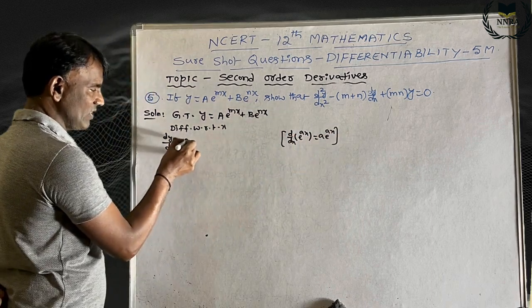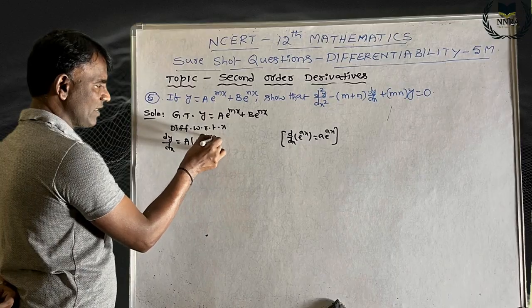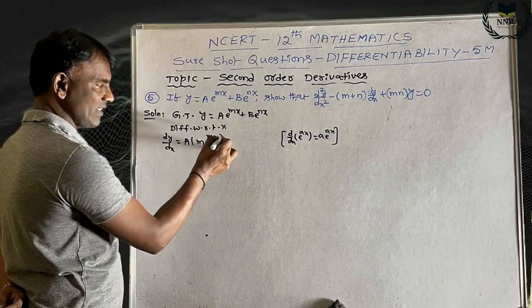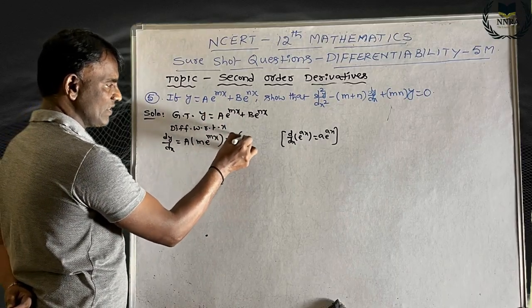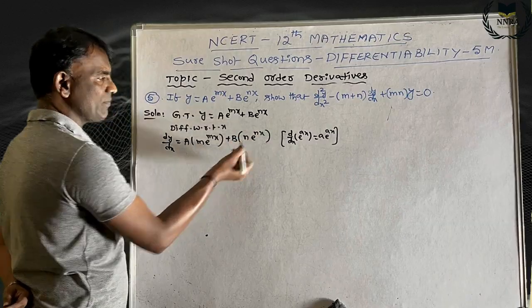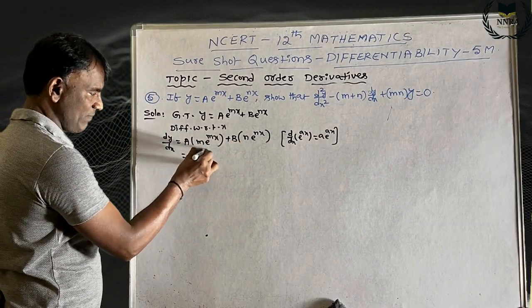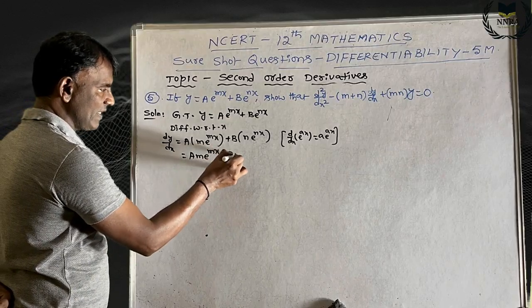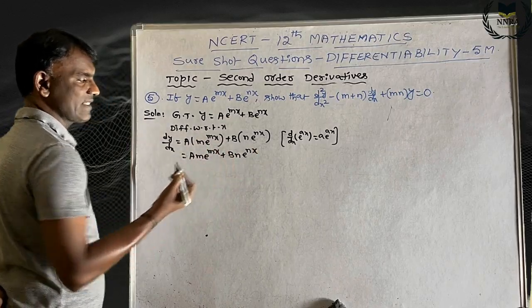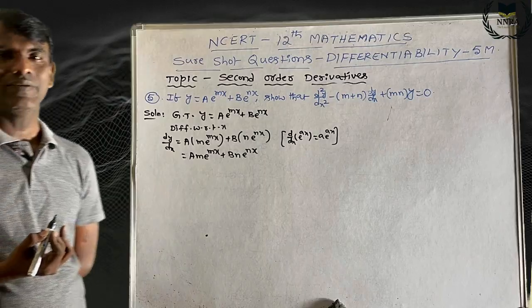So a into m into e power mx, plus b into n into e power nx. So am e power mx, bn e power nx. So this is first order derivative dy by dx.